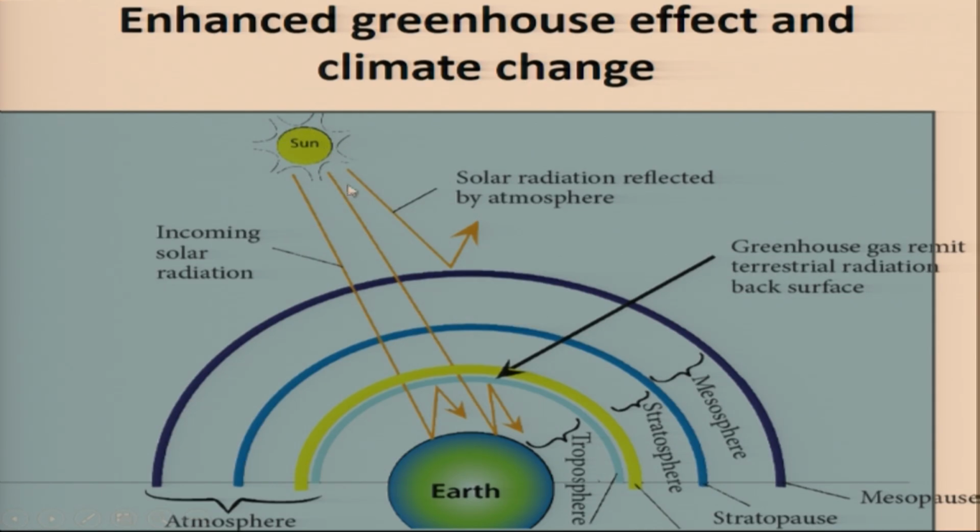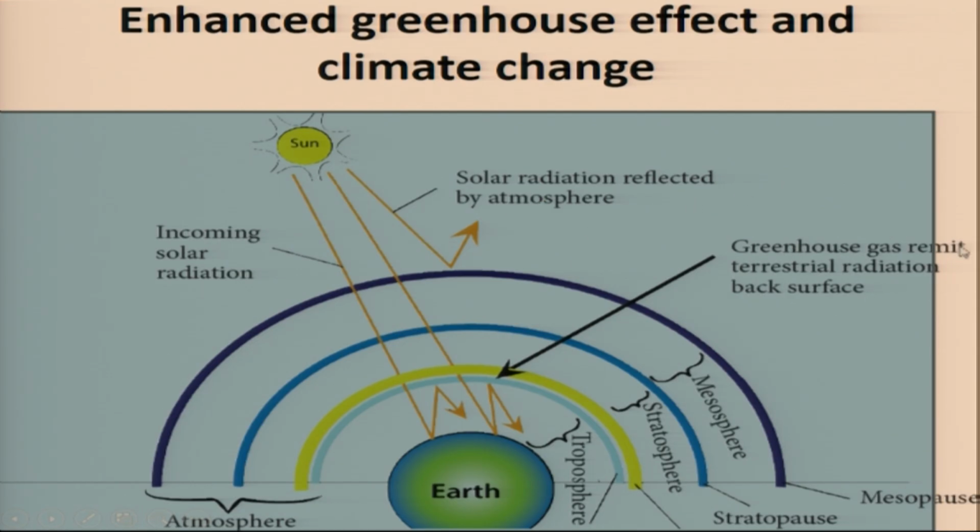Radiation from the sun. It comes and hits the earth. That is very okay. It has no effect. All right? Now, in a case there is what we call the destruction of the ozone layer. The destruction of the what? The ozone layer. See? The solar radiation reflected by the atmosphere.